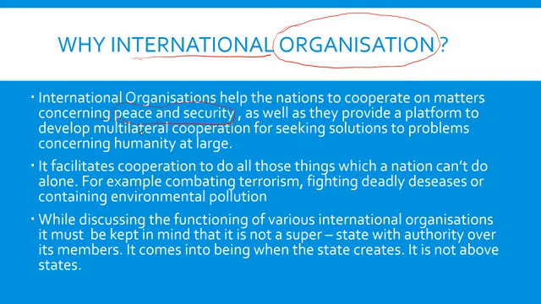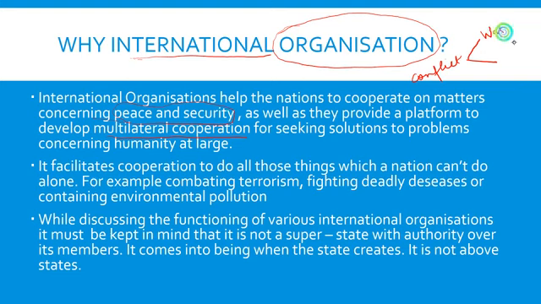So what is required to maintain peace and security? If you do not want to go for war as a solution to your mutual problems, then what is the other way? The other way is multilateral cooperation. If there is a conflict situation anywhere in the world, there are two ways to solve it.